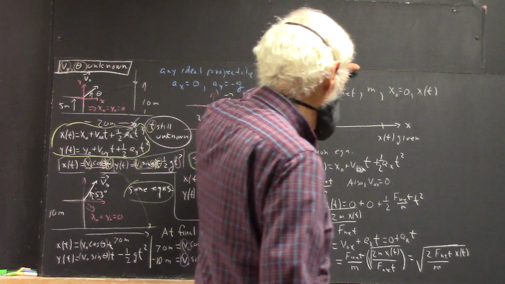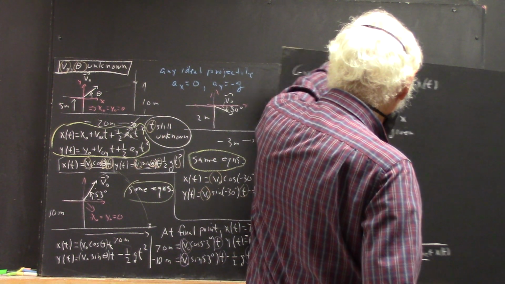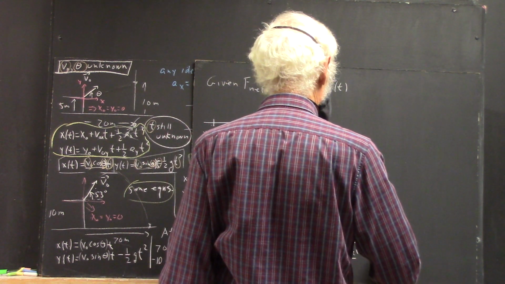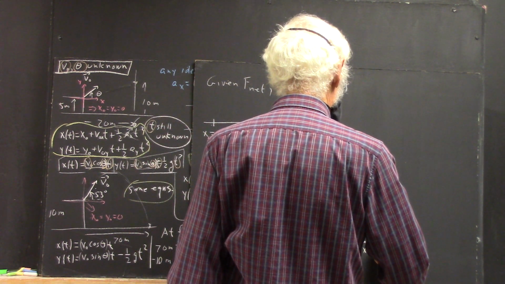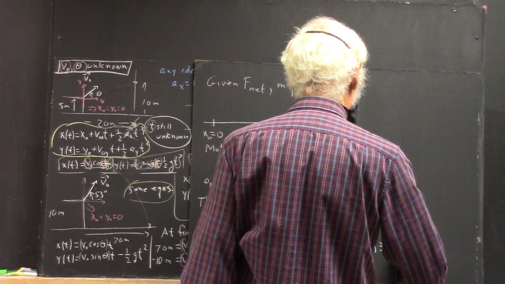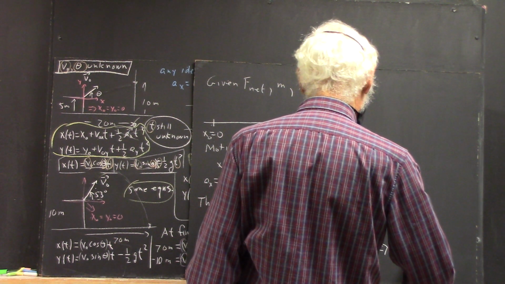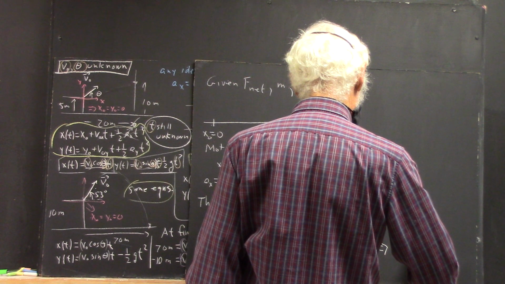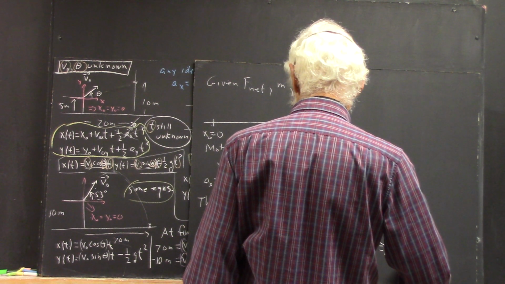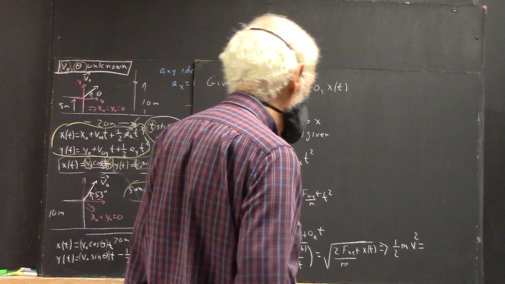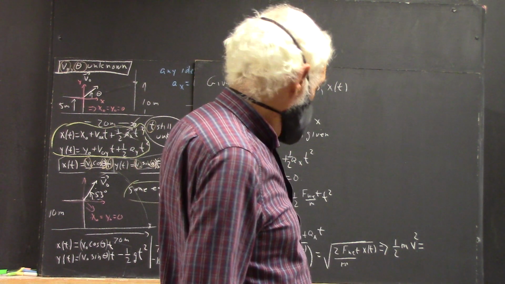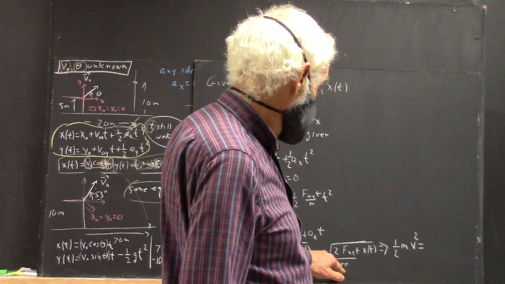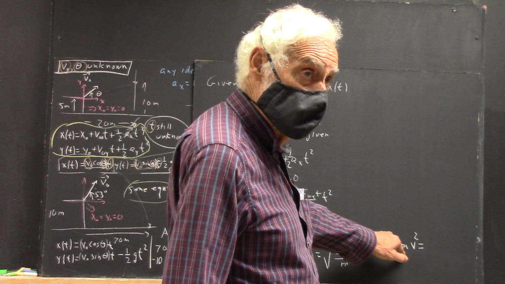So the expression, well, you square this, you're going to get a 2 F net x of t in the numerator, and you're going to get an m in the denominator, so your m divides out.